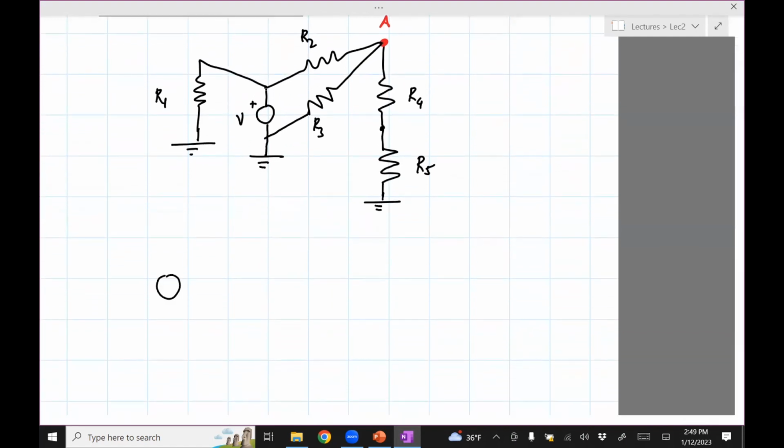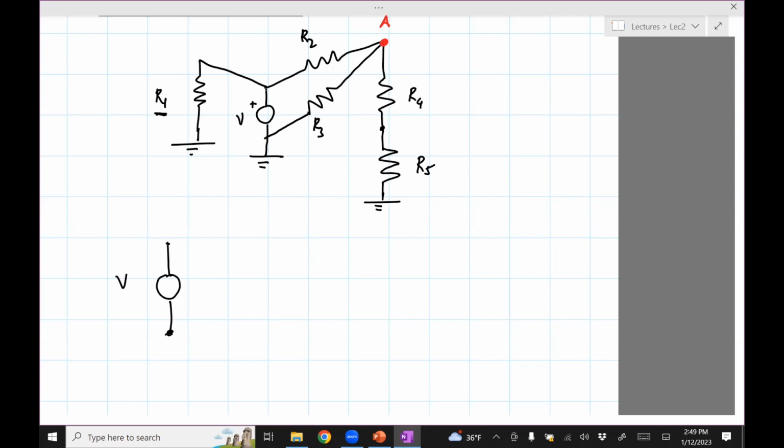We'll draw the voltage source, and everything will come from the ground. We'll connect this with each of these grounds, and you'll see that the circuit will become much simpler and easy to analyze. So let's start with R1.